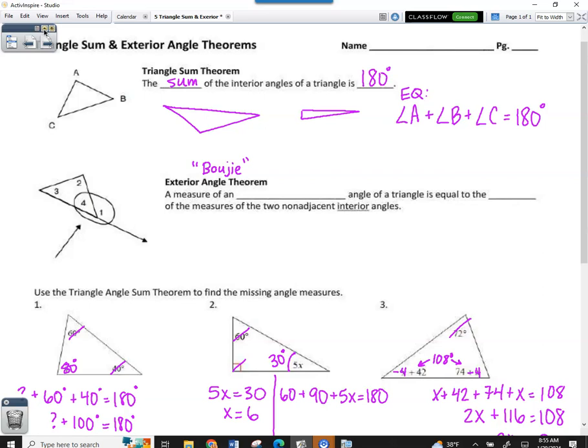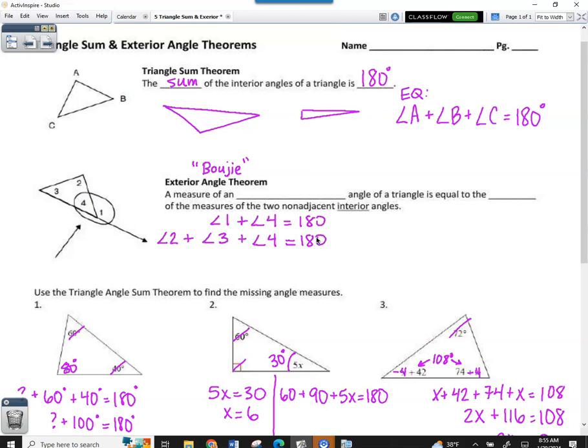So watch this. Angle 1 plus angle 4 equals 180, right? And angle 2 plus angle 3 plus angle 4 equals 180, because that's the triangle. They both have angle 4 in common.